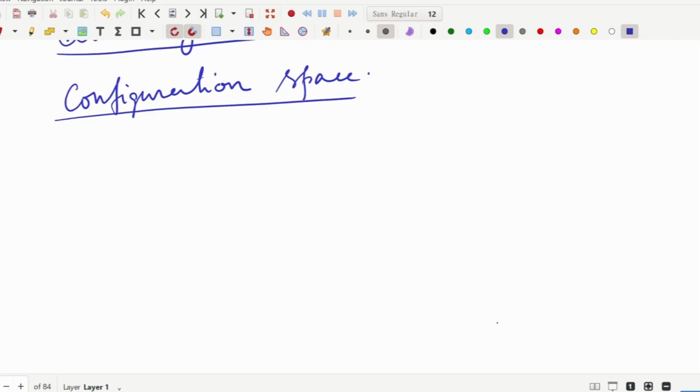The configuration space is the space spanned by the generalized coordinates.